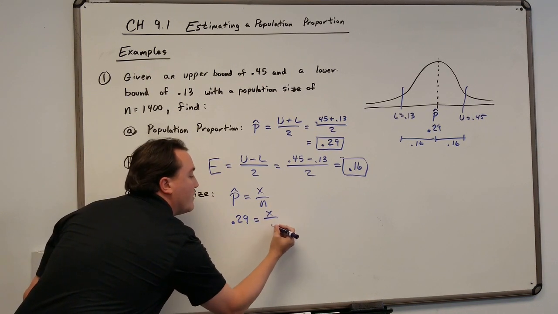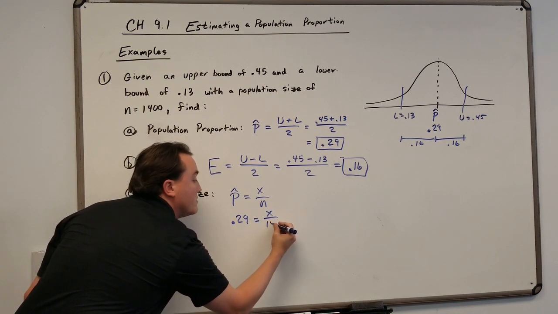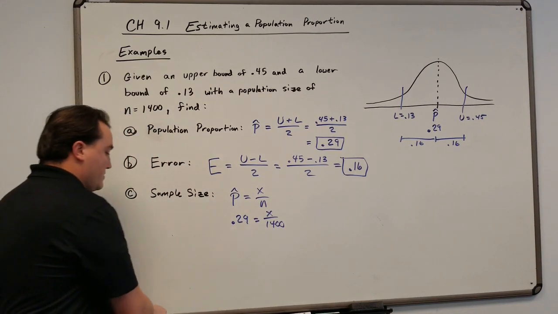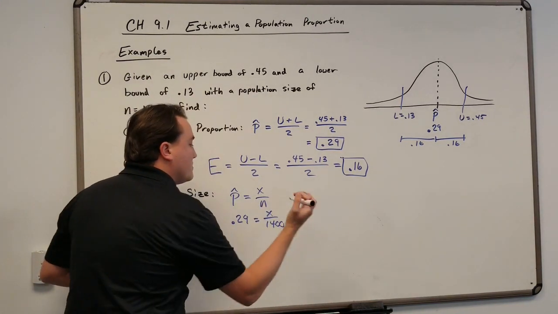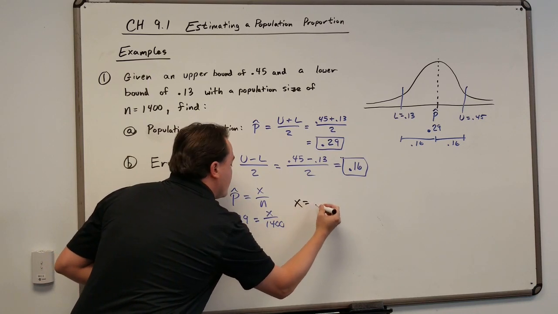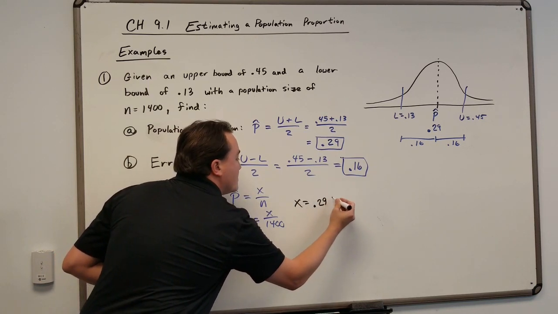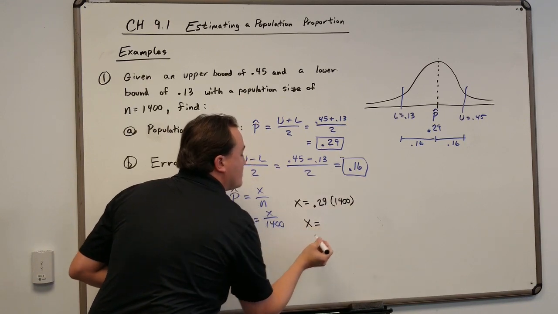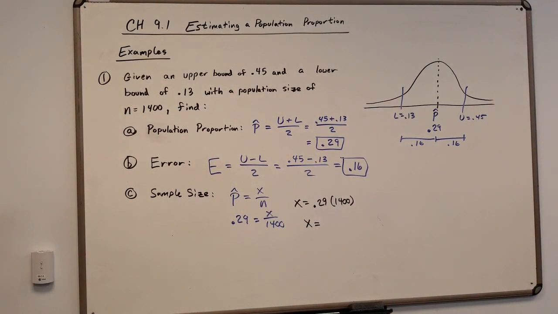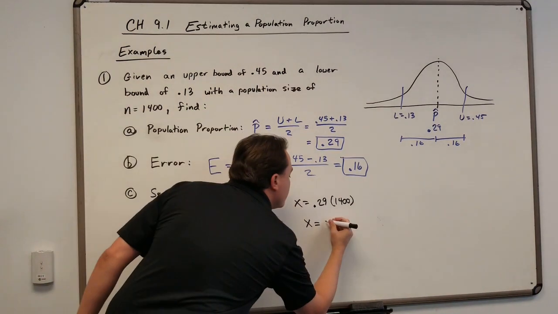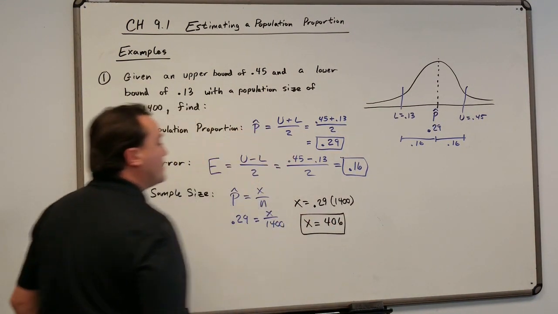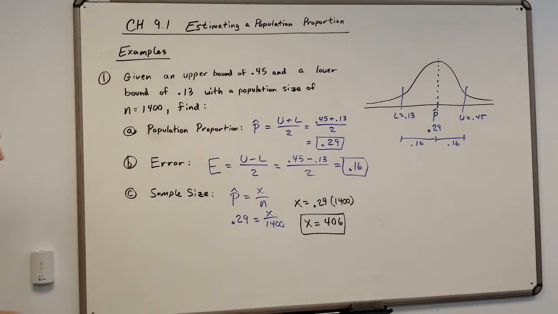So we can find how many people are in this sample by multiplying 1400 over to the other side. So x equals 0.29 times 1400, so x equals 406 people that said yes in this survey.